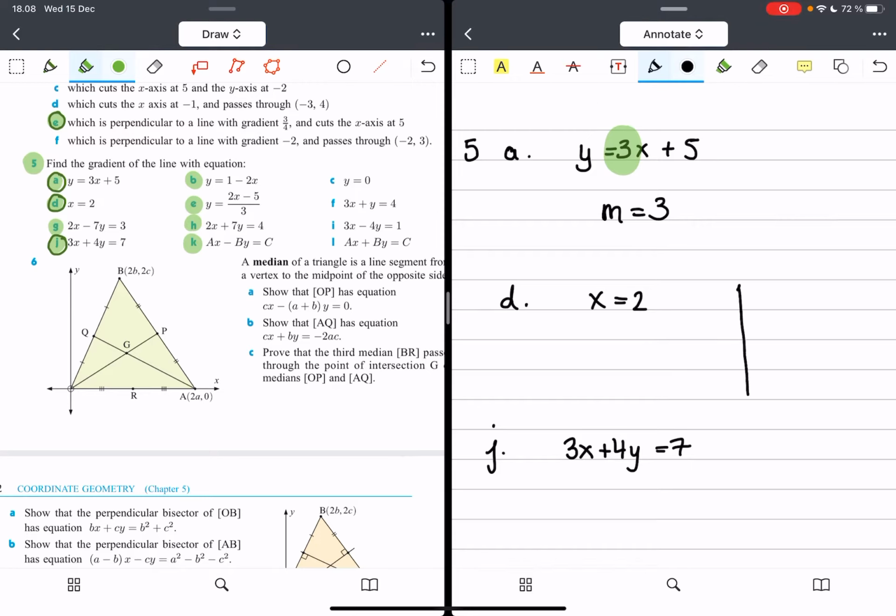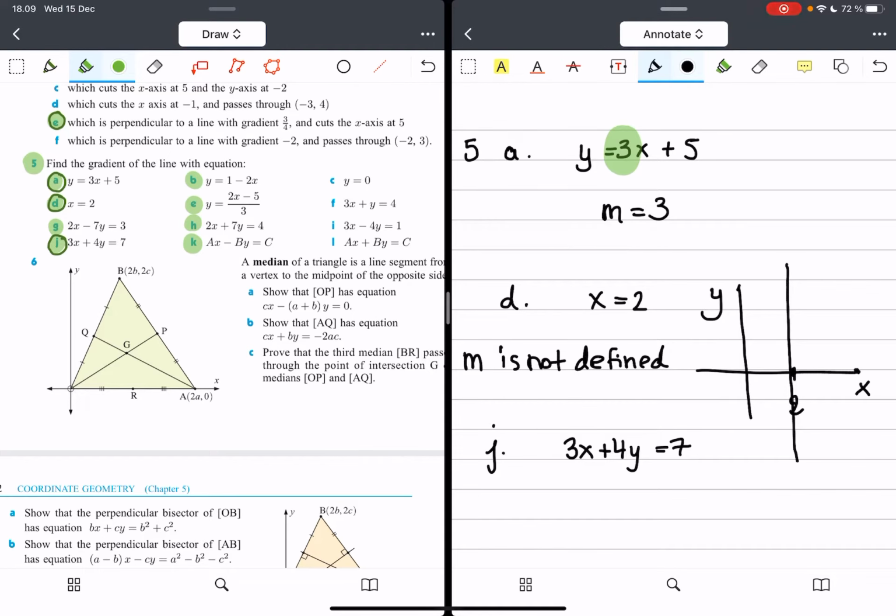So if you imagine that's y and that's x, when x is 2, it means you have a line that will always go through 2. And therefore, whenever x equals a constant number and that's your line, we say that the gradient is not defined.